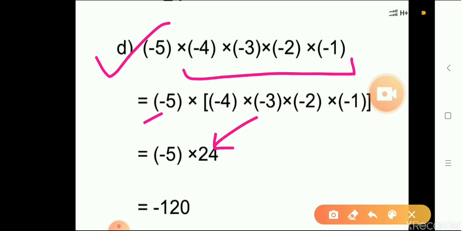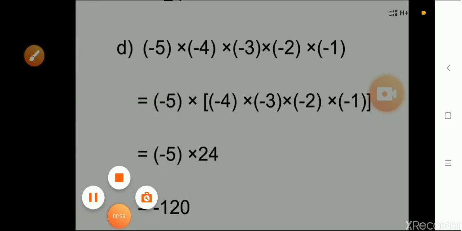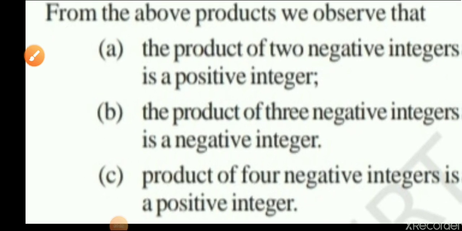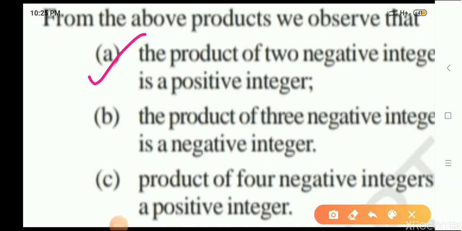This 24 will get multiplied by minus 5 and our answer will be minus 120. Hence, we have seen the product of two negative integers is a positive integer, and the product of three negative integers is a negative integer.